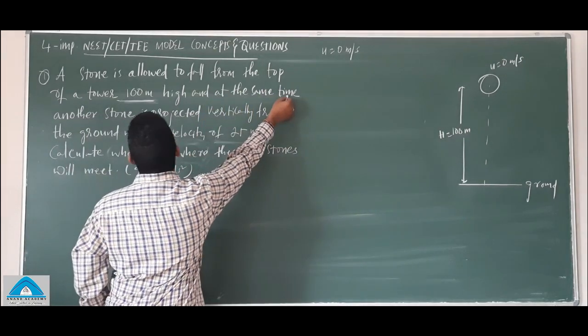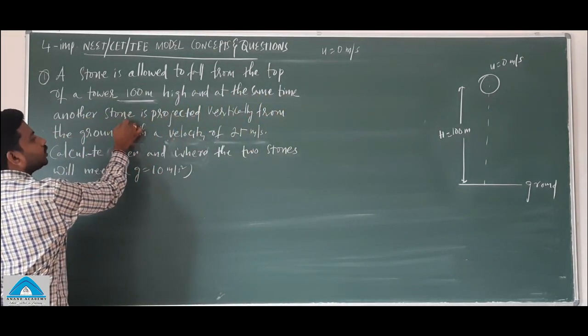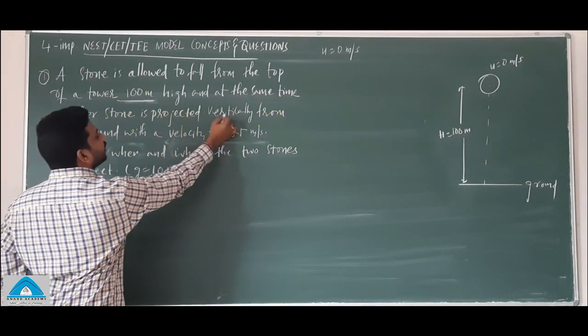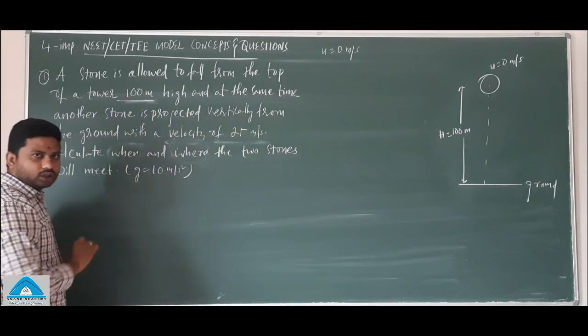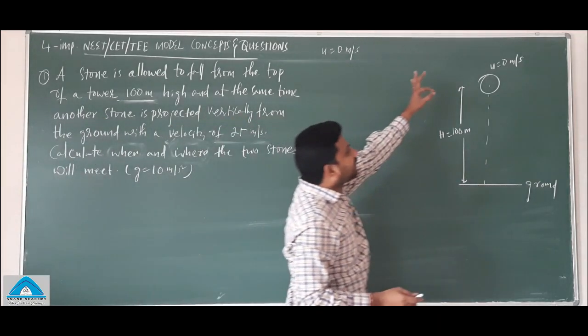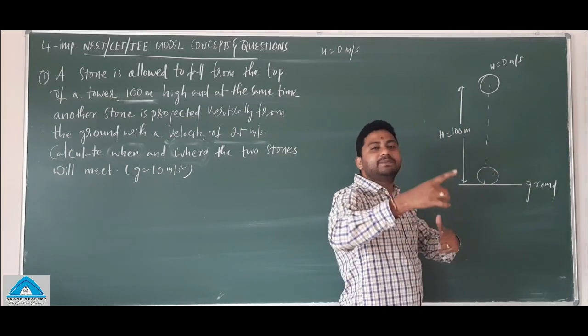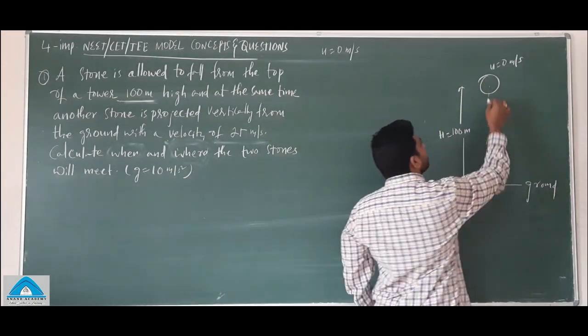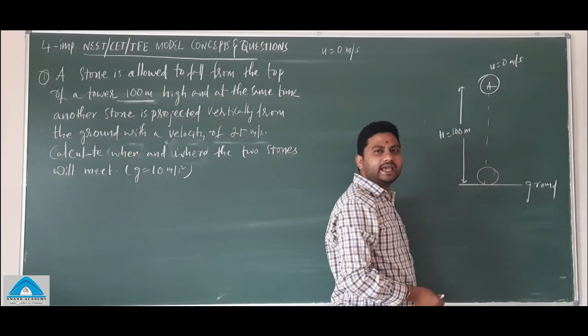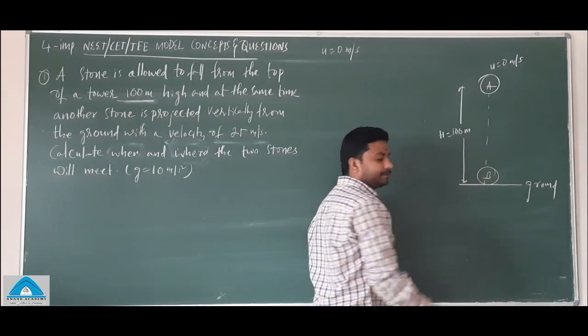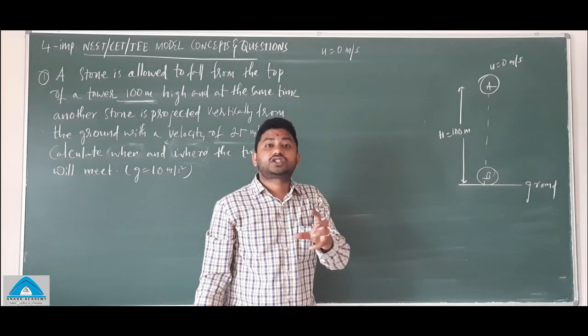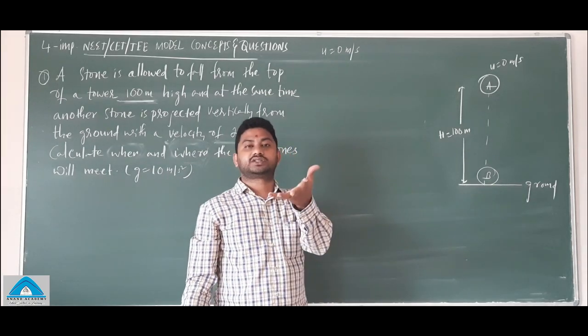At the same time, another stone is projected vertically from the ground. So at the same time of dropping, there is another stone. Let us name the first stone A and the second stone B. The second stone is thrown vertically upwards.